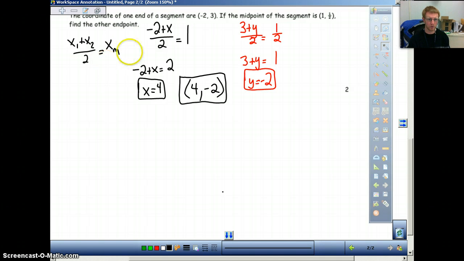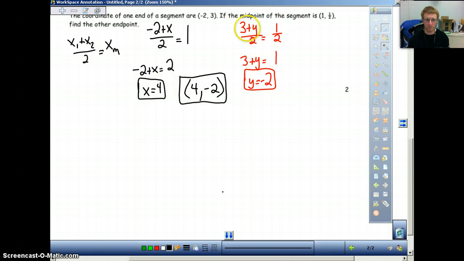Then all we're doing is plugging in what we know: x1 is negative 2, our x midpoint is 1, and we're solving for our unknown, x. So I multiply both sides by 2, add 2 to both sides, and we get x equals 4.